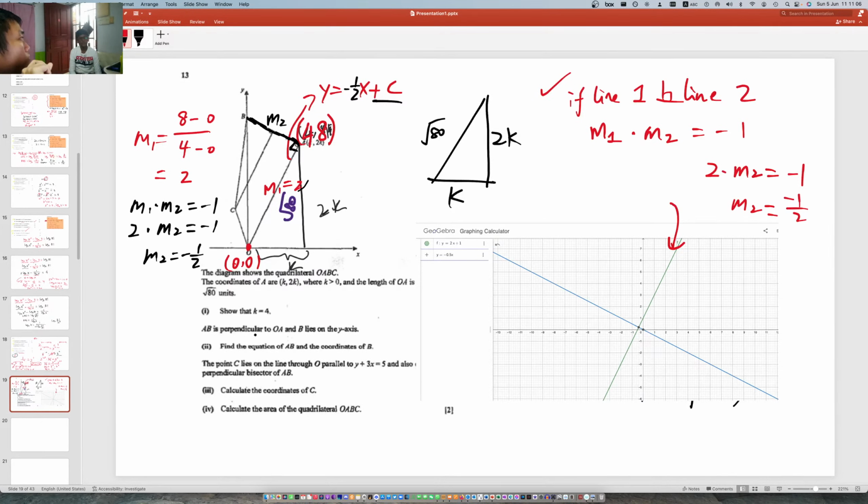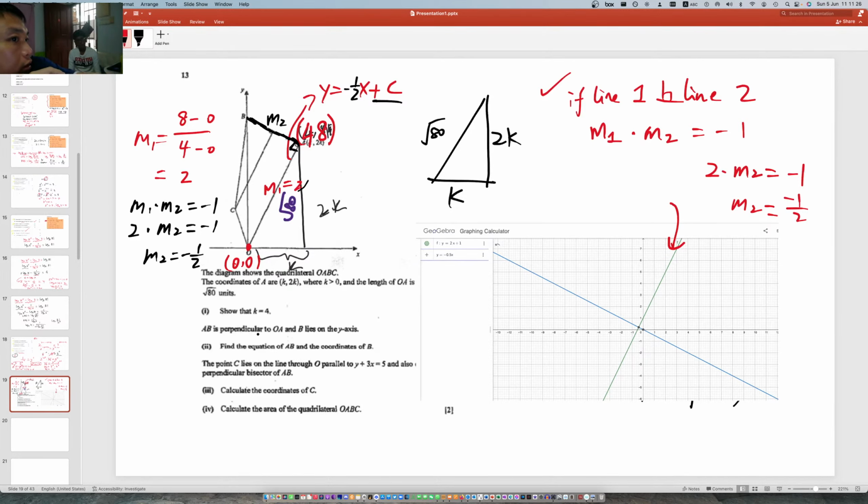I find the 2 by using the gradient formula, y1 minus y2 over x1 minus x2. Or you can use rise over run, but I don't like to use rise over run. I just use the formula. So you understand how I get m2 now? m2 means the gradient of this.